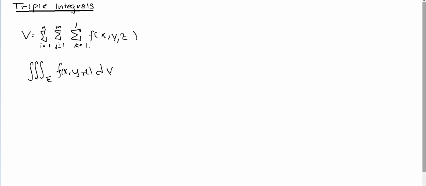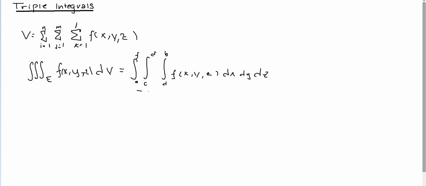So essentially what we're saying is that this is also equal to the integral from e to f, c to d, a to b of f(x, y, z) with respect to dx, dy, dz.